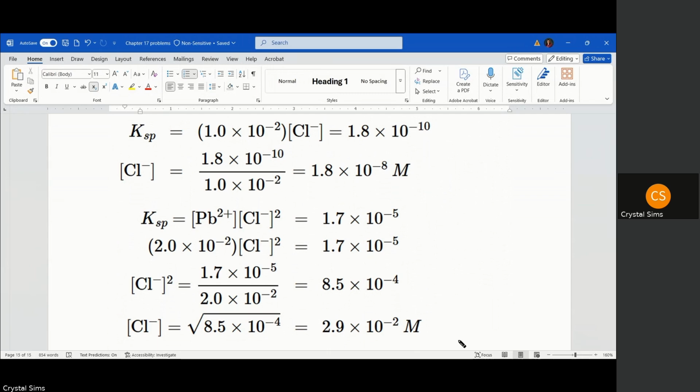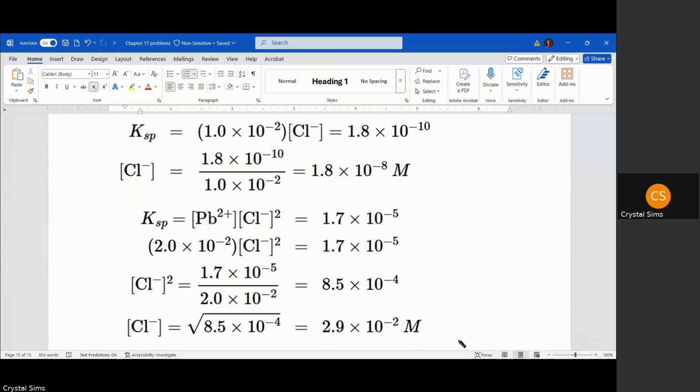AgCl is going to precipitate first because it requires much less chloride, 1.8 times 10 to the negative 8 moles per liter, compared to 2.9 times 10 to the negative 2 moles per liter. So, yes, we can cause precipitation by adding this much chloride. We'll get AgCl. Adding this much chloride, we get PbCl2. AgCl is going to precipitate first because it takes much less chloride to cause that to happen.